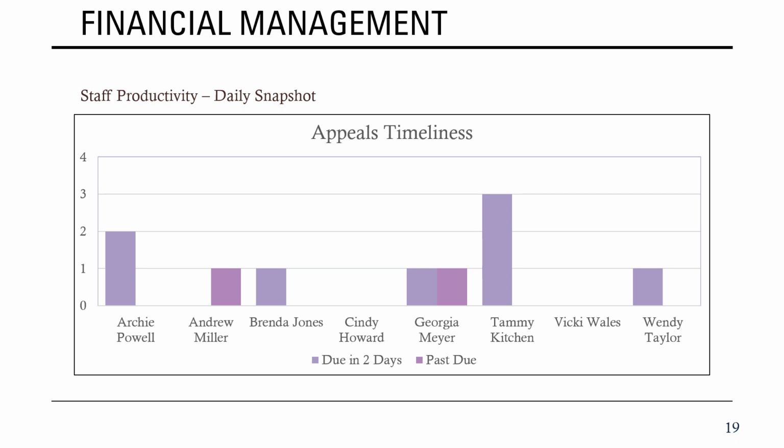Because when those appeals are sitting in their queue and they're past due, if they're waiting on additional documents, then sometimes they don't get additional appeals put into their queue that they could be working on while they're waiting for those past due cases to become complete enough for them to be able to work on those appeals. So this is a good management daily snapshot to say who's stuck and who do I need to reach out to see if they need some additional help.